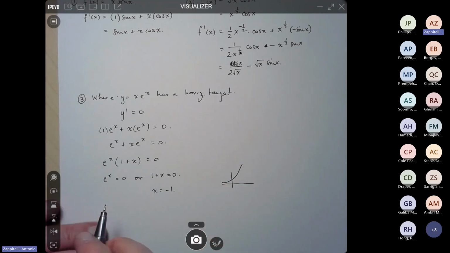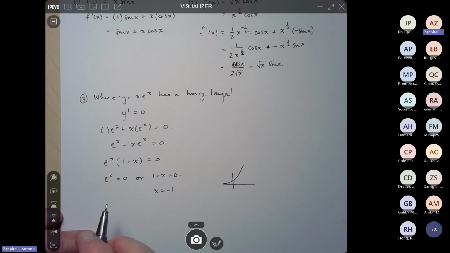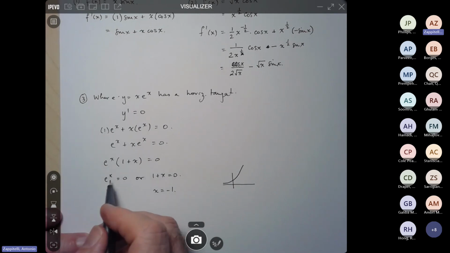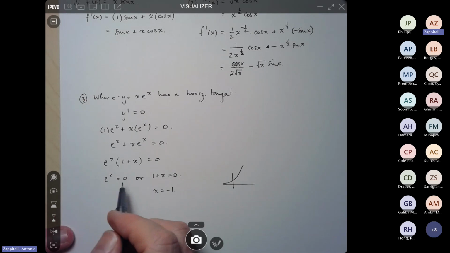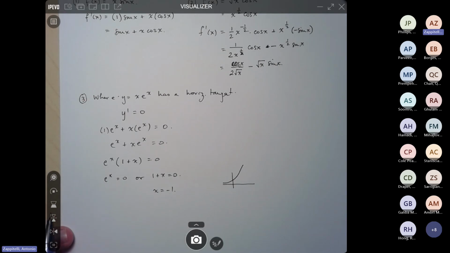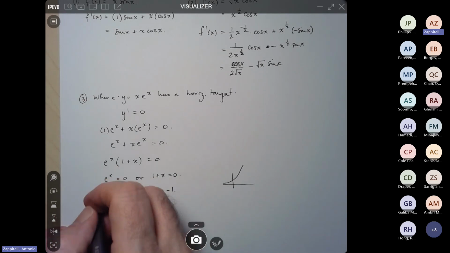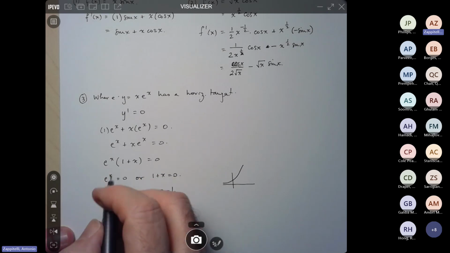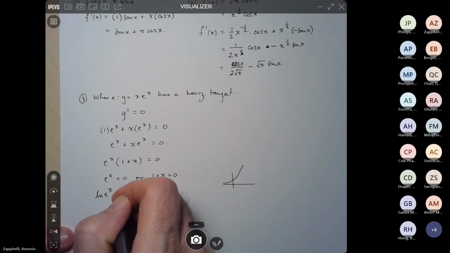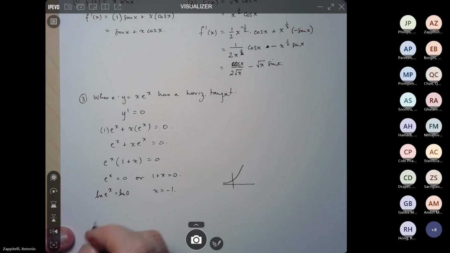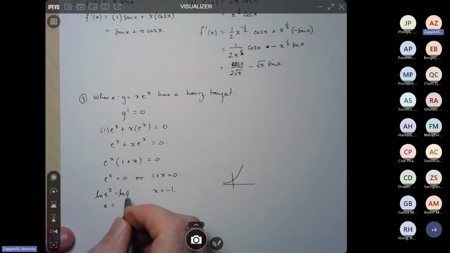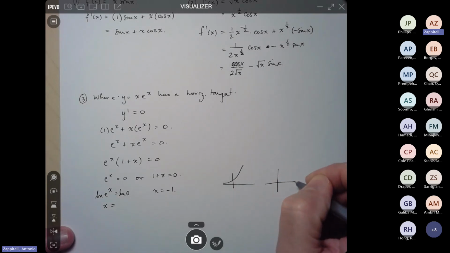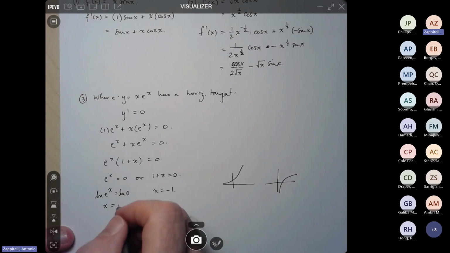So there is no answer, okay? Or I could try to solve it by using logarithms. And if I try to take the log base e, the natural logarithm, of both sides, here I just get x, but what is ln of 0? And you realize the natural logarithm is not defined at 0.